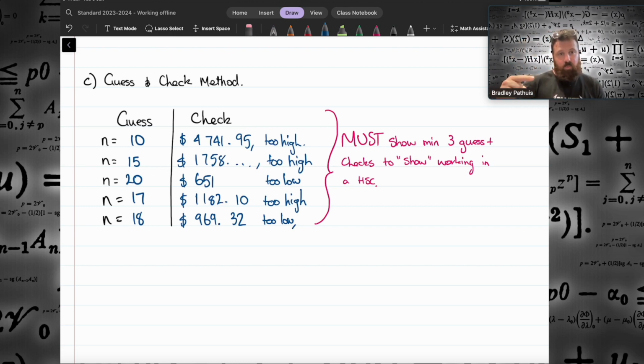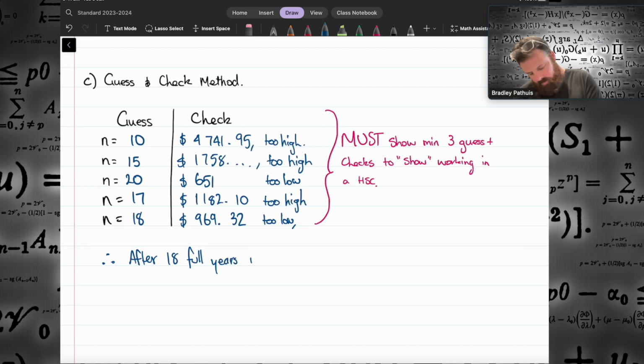After 17 full years and before 18 full years, in between those two numbers, that's when the value first dips below 1,000. So here I'm going to say, therefore, after 18 full years, it is approximately $1,000. So it's taken 18.